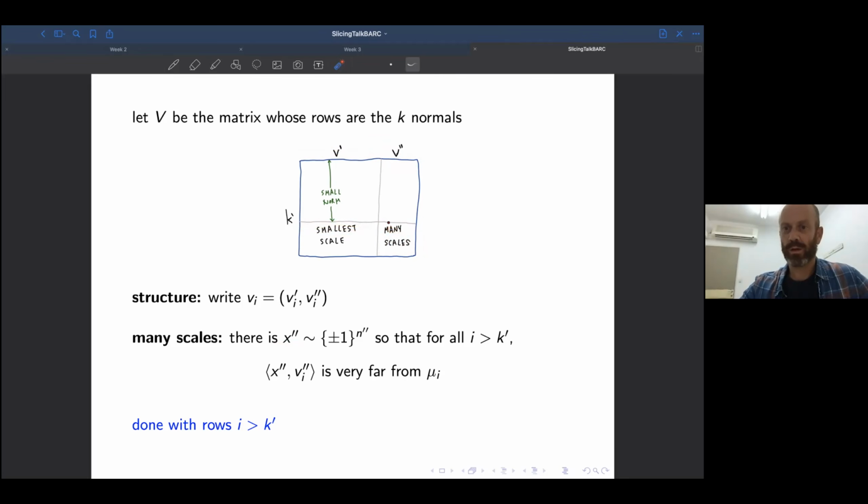Okay, so again, the high level idea, the part with many scales is completely useless. Okay, this is the first part. So what happened? All of these rows, we know they are useless for whatever is going to come next.